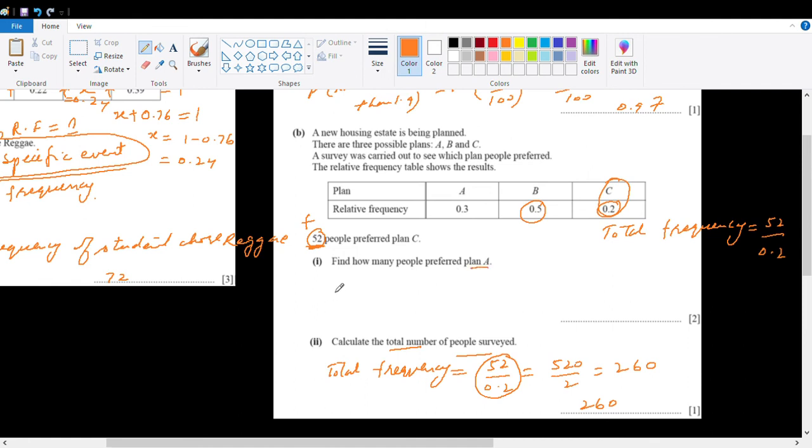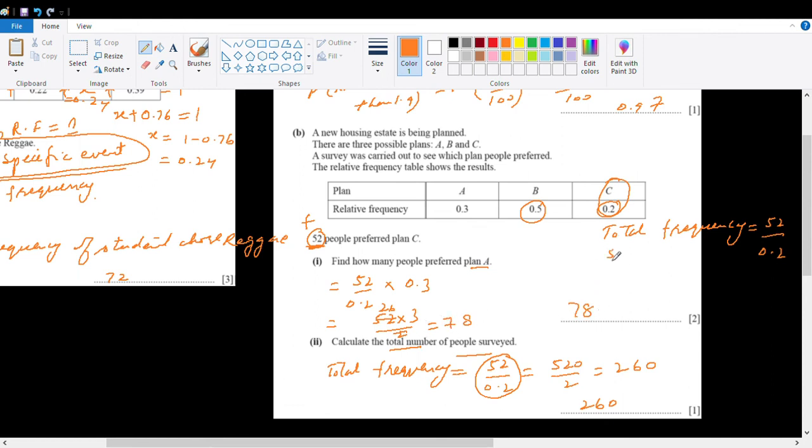Just multiply 52 over 0.2 by the relative frequency of plan A, that is 0.3. So 52 times 3 over 2 is equal to 26 times 3, which is 78.